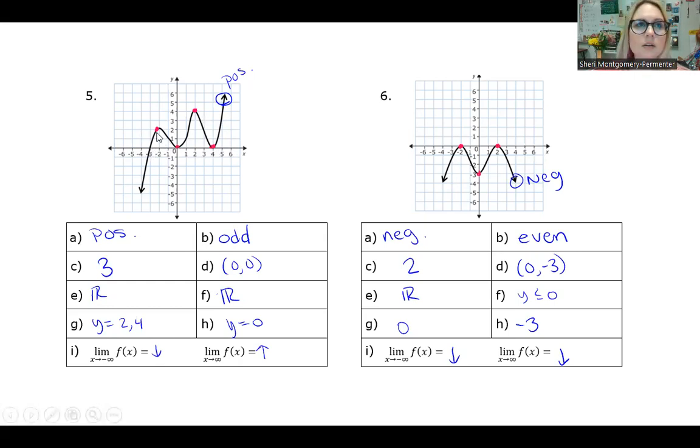Here I go through the x-axis and here it bounces off. So this is a repeated root. It could repeat any even number of times: 2, 4, 6, 8. It's a multiplicity of an even number, so it's called a repeated root or an even multiplicity. We could say that it has a multiplicity of 2.